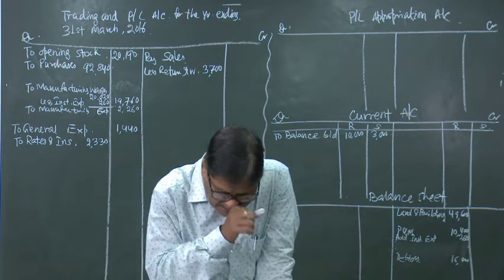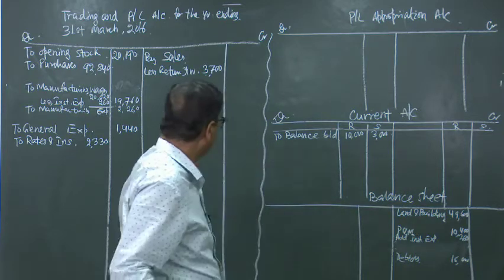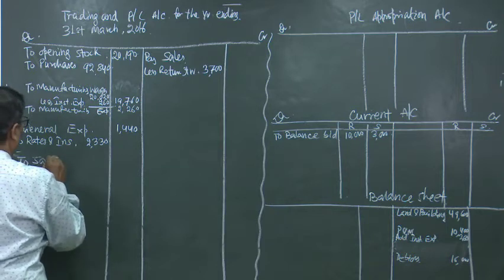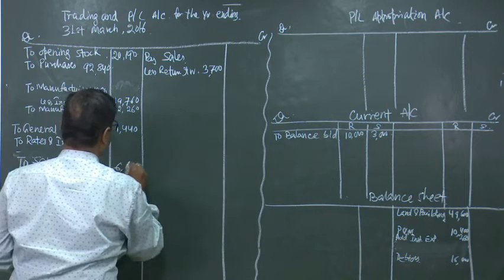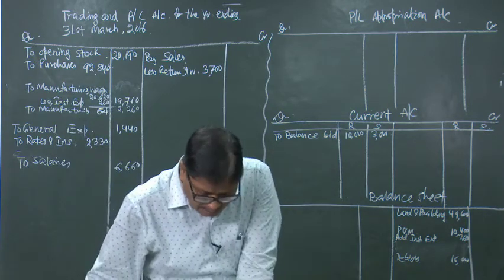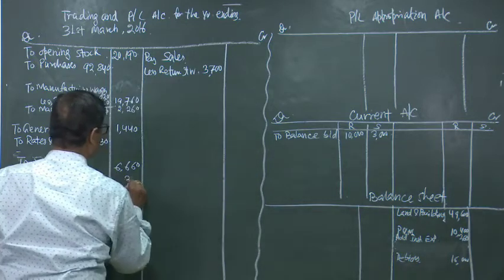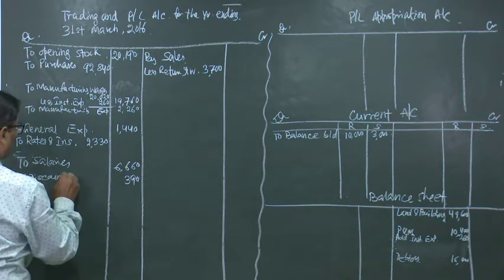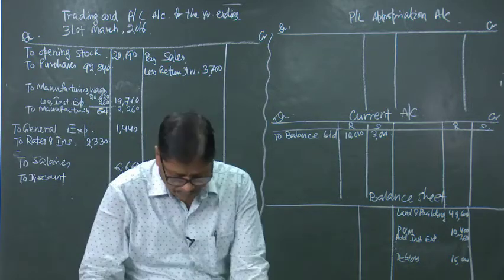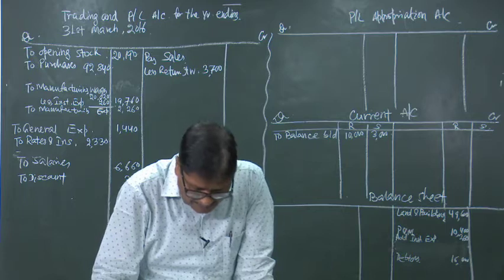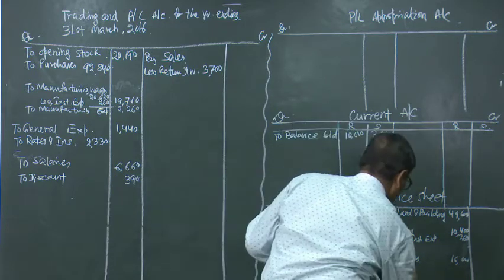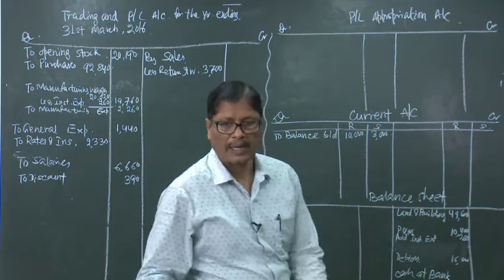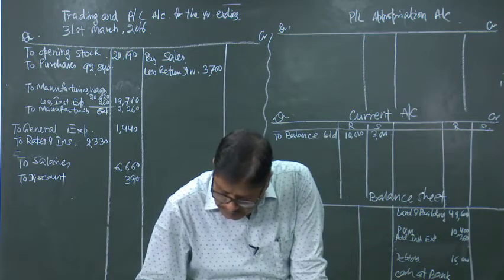Then you have got salaries 6,660, to salaries 6,660, discount 390, then cash at bank 7170, cash at bank 7170.